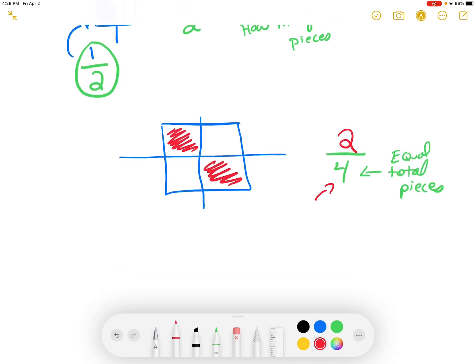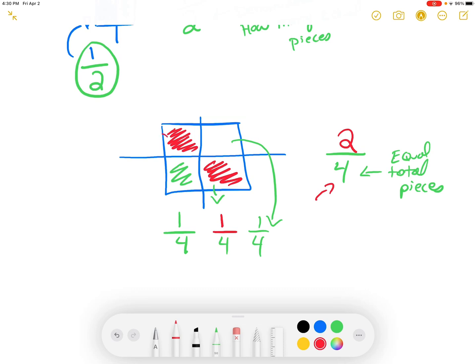How do I know that's a fourth? Well, 1 piece is literally 1 out of 4. This piece is literally another 1 piece out of 4 total pieces. This piece over here is 1 out of 4 pieces.